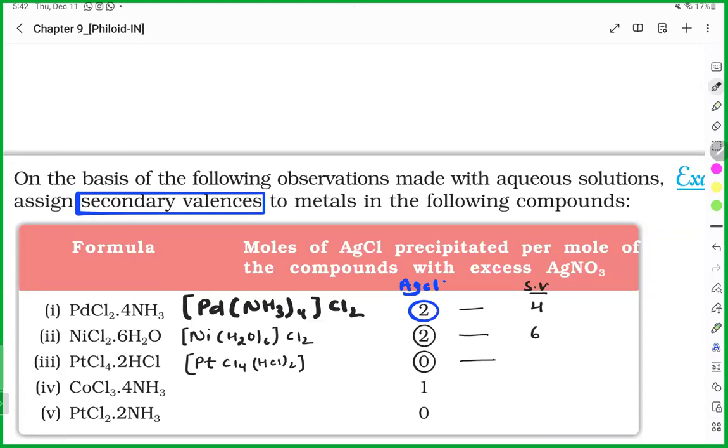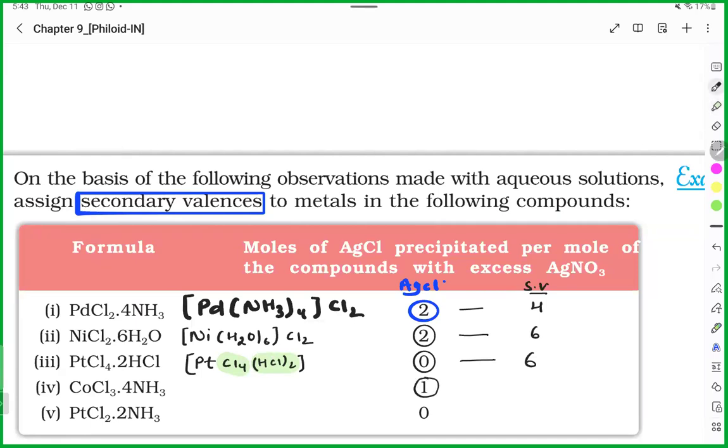What will be the secondary valence in this case? Will it be 8 or six? Six. How do I know? Four chlorine, two HCl, total six. Next, what will be the secondary valence in this case?